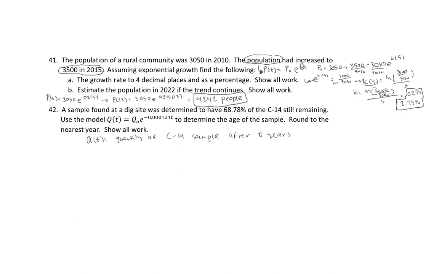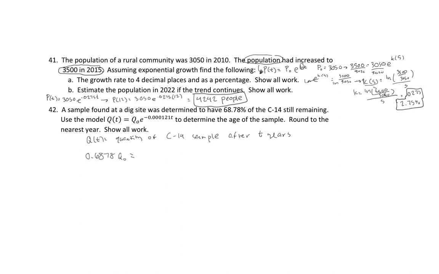The sample was determined to have 68.78% of the C14 still remaining, so Q of t is going to be 0.6878 times our initial quantity, Q naught.